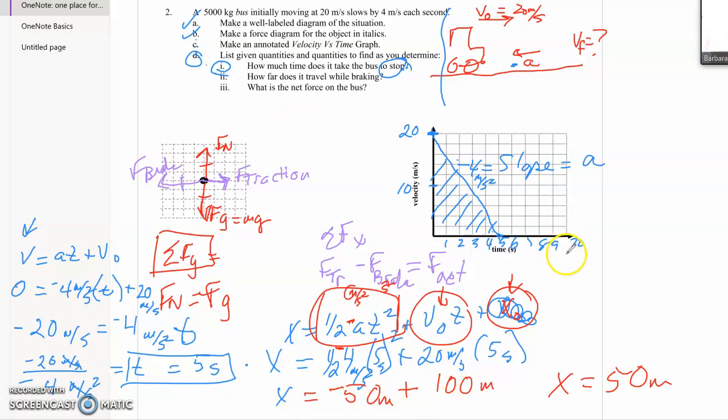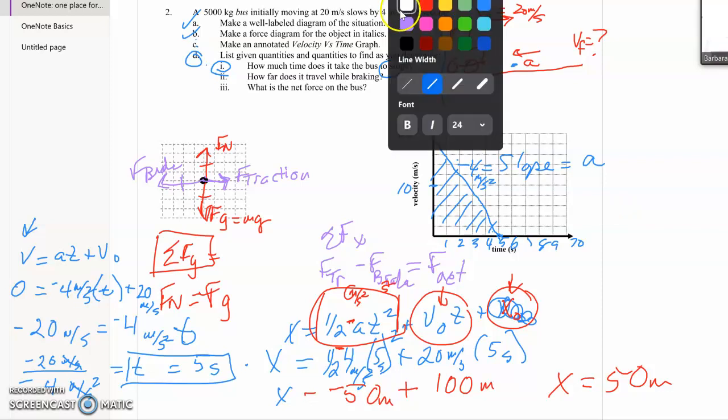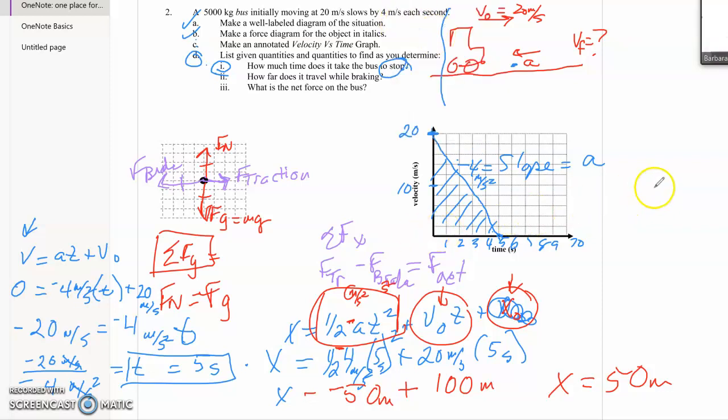So net force, I started to do it right over here. Net force, sum of F equals, I guess it'd be better to do that in purple for the X. So sum of F equals MA in the x, which is the only place we have an acceleration.